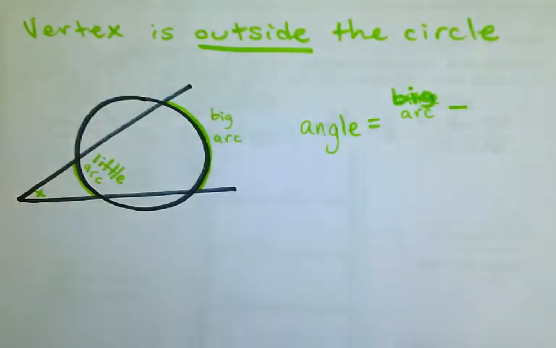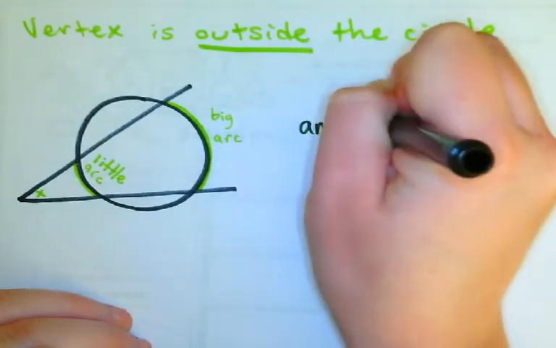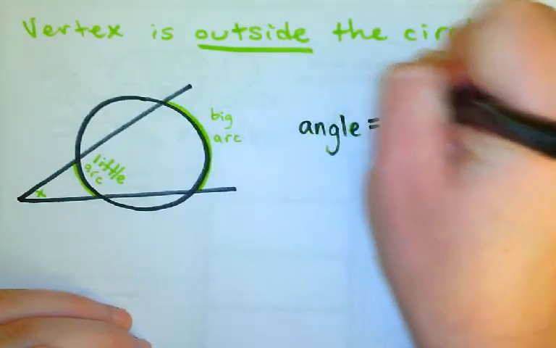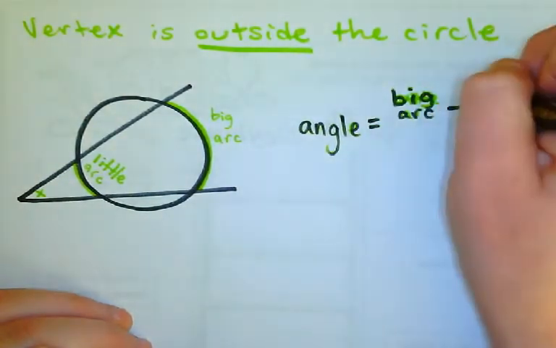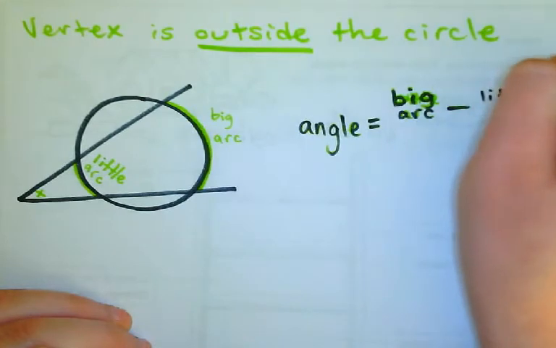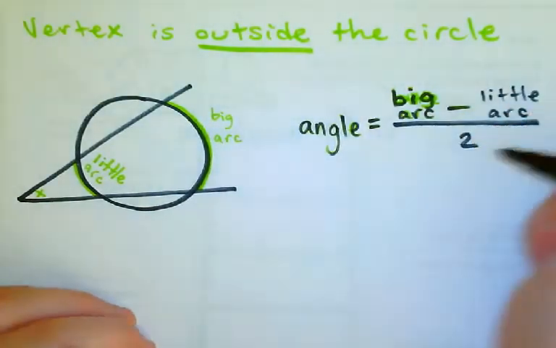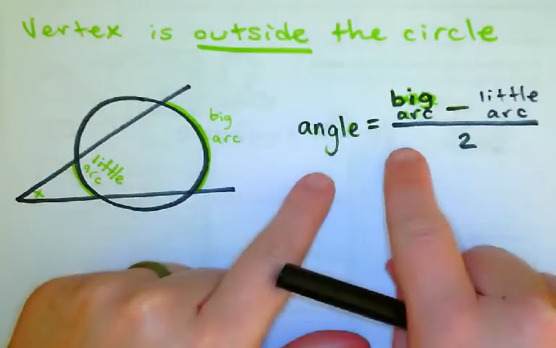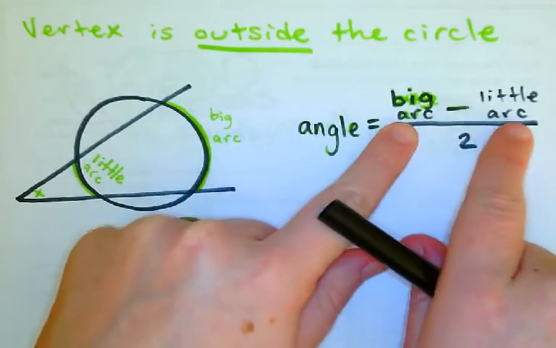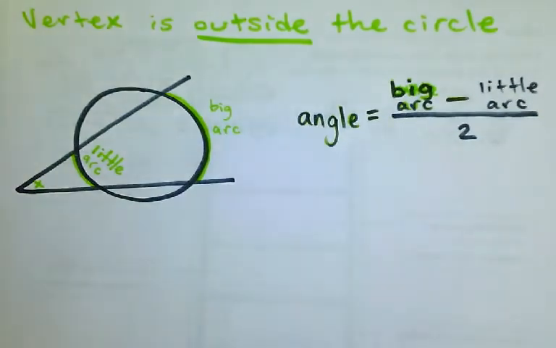Let me go over this real quick. Angle equals big arc minus your little arc divided by 2. That is always going to be your formula, and the big thing here is making sure your big arc and little arc are in the correct place in your formula. Let's take a look at some examples.